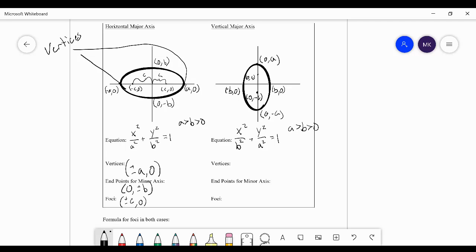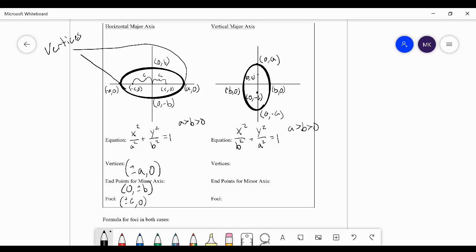What's nice about this is that whichever axis is our major axis, the denominator of that variable will have the larger of the two values. Here, the major axis is vertical, the y-axis, so the denominator of the y variable has the larger value.